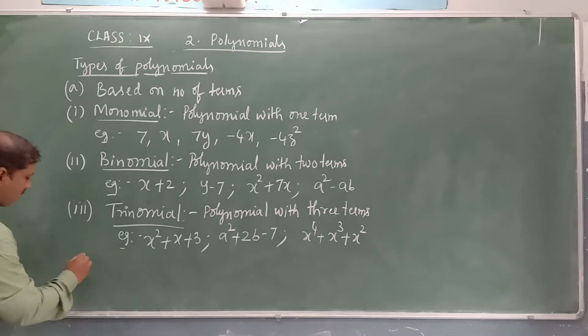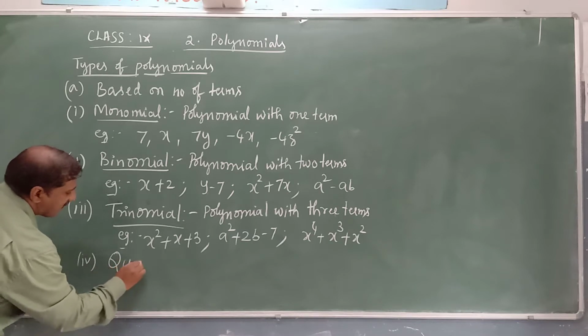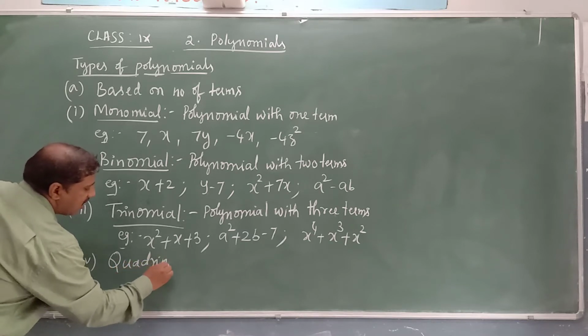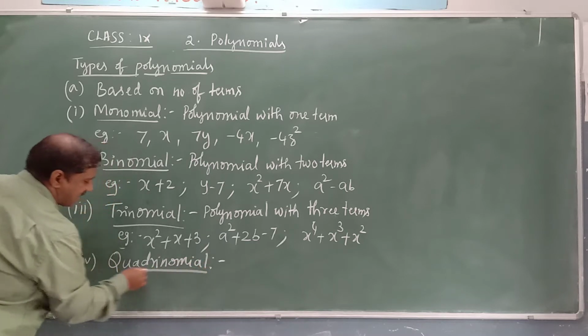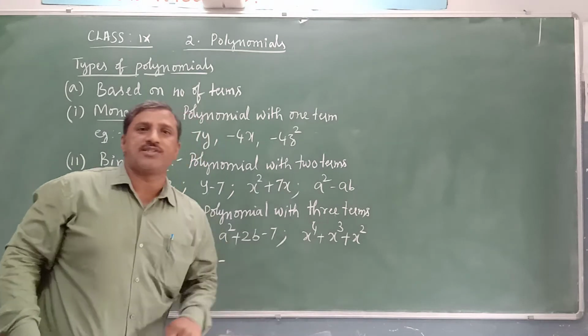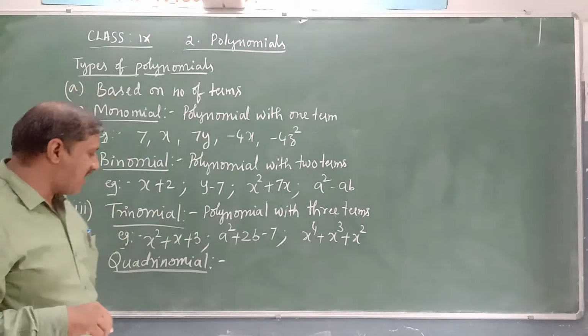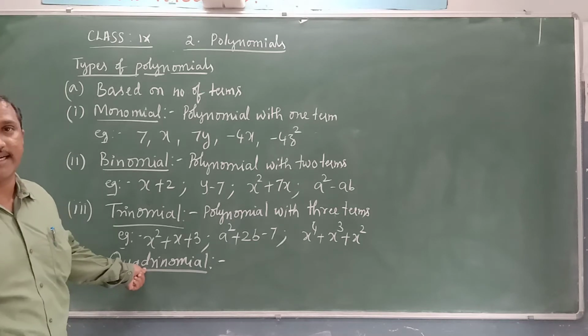Now, the fourth type of polynomials is quadrinomial. So what is a quadrinomial? A polynomial with four terms is known as a quadrinomial. See, a quadrilateral has four sides.